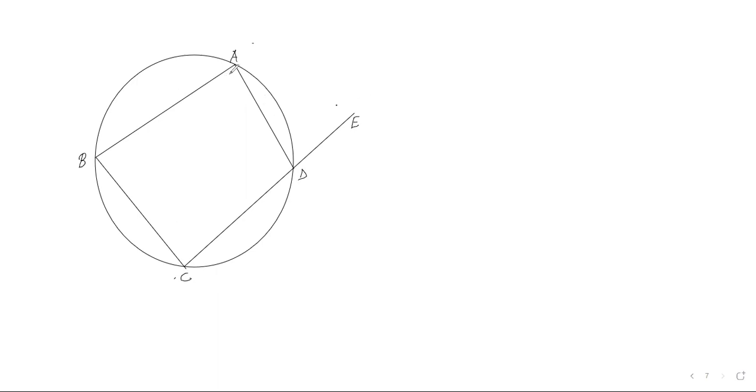And this one here, 80 degrees there. This one here is 55 degrees. And the unknown here, C is X. The unknown here will be Y.